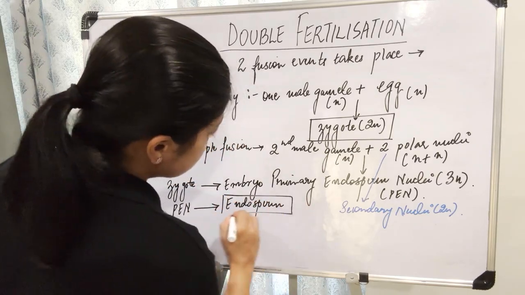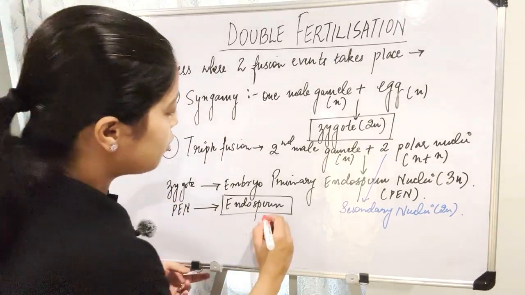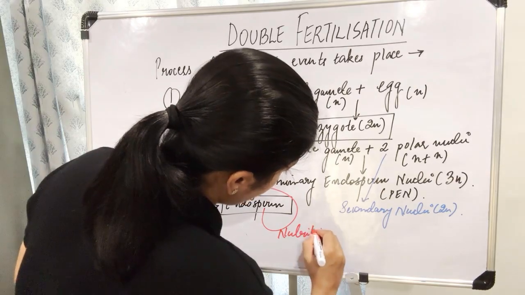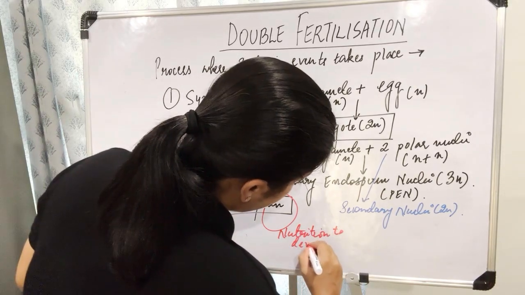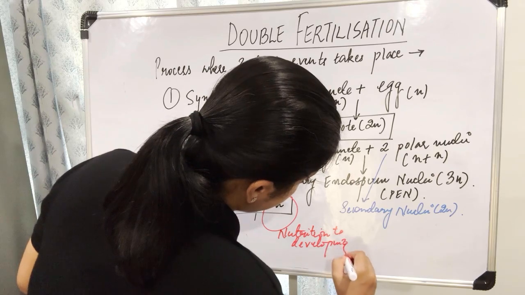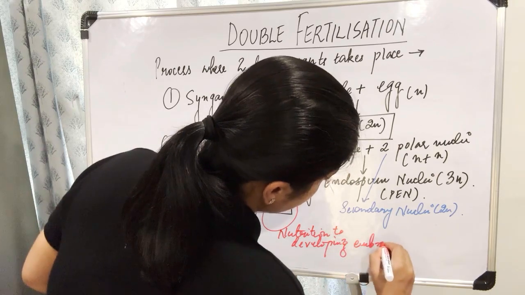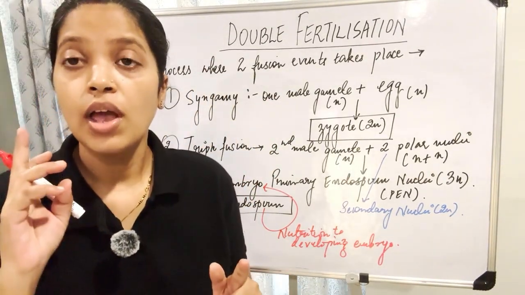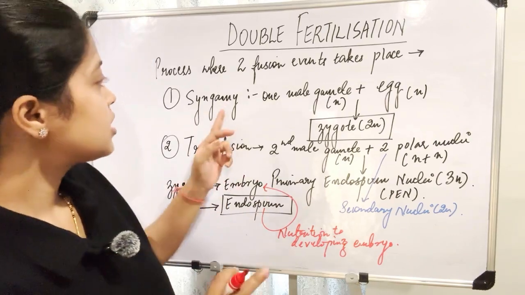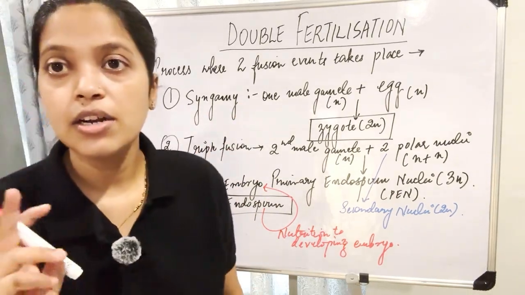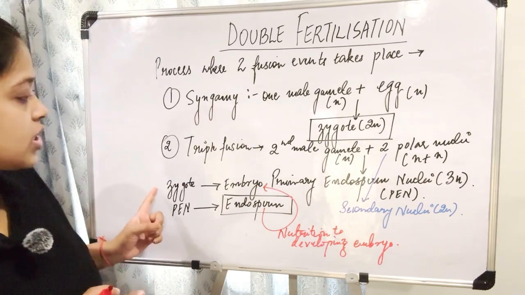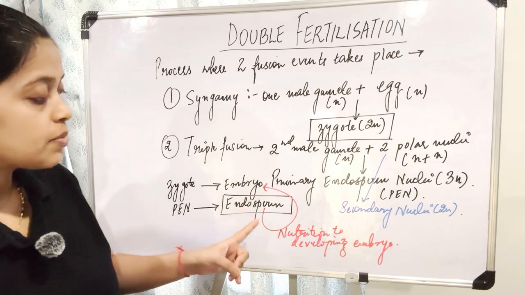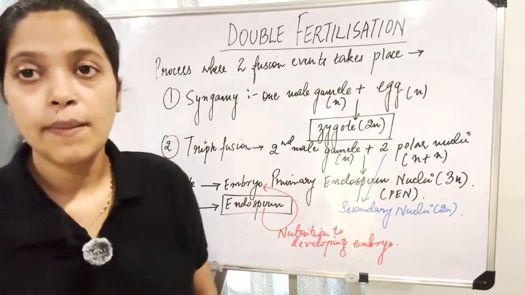The role of endosperm is to provide nutrition to the developing embryo. The endosperm is always formed after the embryo has formed, because after syngamy happens, only then does the triple fusion occur. So the zygote will develop into the embryo and the primary endosperm nucleus will divide and form the endosperm, which provides nutrition to the developing embryo.